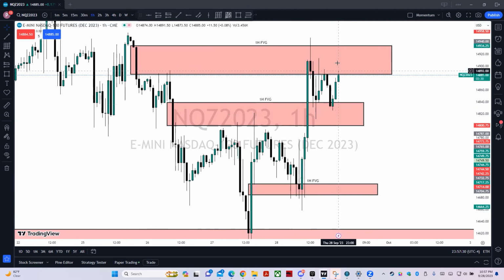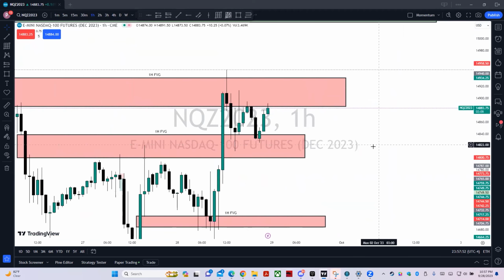And this almost comes down to take out the liquidity to the downside. So I'm very curious to see if we just come all the way back down, grab the liquidity, knock this fair value gap once and for all, and then continue to the upside.